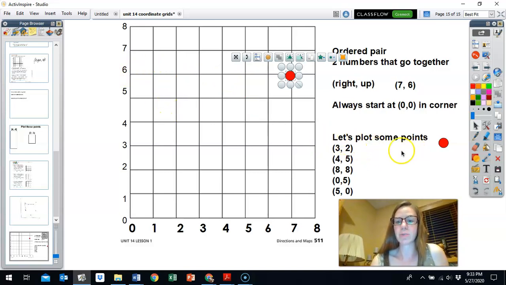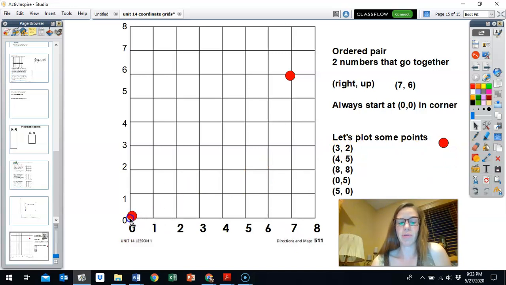So let's plot some more points. Here we have 3, 2. I start at 0, 0. I have to go over 3: 1, 2, 3. And then the second number, 2, tells me I need to go up 2 spaces: 1, 2. And there we go. Now my next ordered pair is 4, 5.